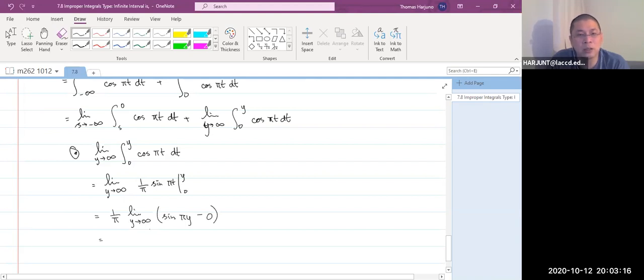Now the thing is, this does not exist. The limit does not exist. So for the integral from negative infinity to infinity of cosine pi t dt, because part of that does not exist, the whole thing also does not exist.